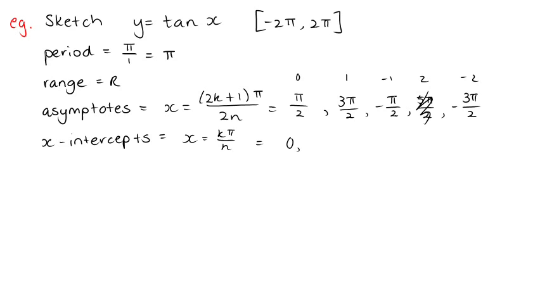If it was 1, we'd have pi. If it was -1, we'd have -pi. If it was 2, we'd have 2 pi, and if it was -2, we'd have -2 pi. Those two are solutions because we've got inclusive brackets. Okay, that's all we need to know, and now we can sketch it.